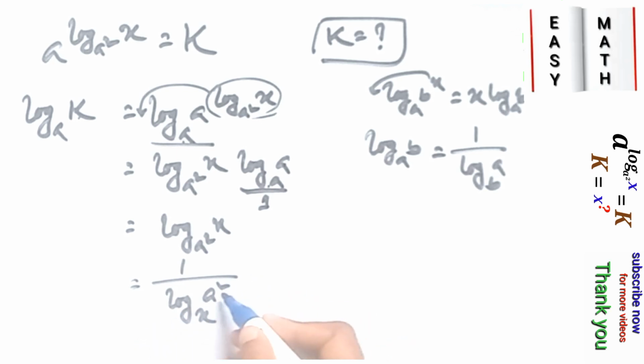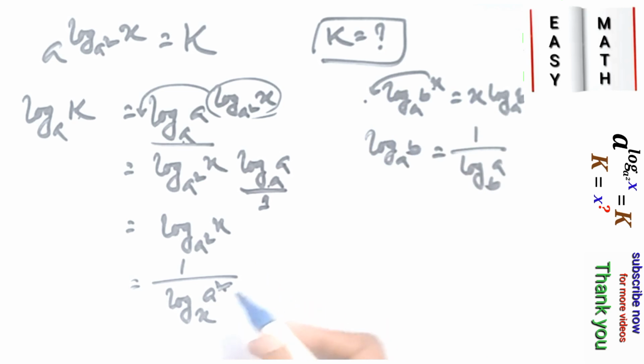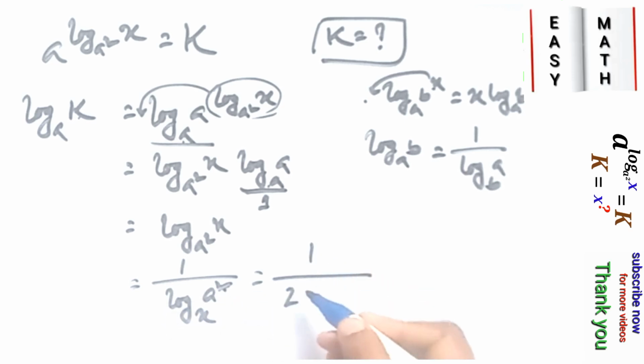And now similarly this is the base, this is the a square, and similarly this part is here same, so we can write the, this is the 2, and this is the log x a, this is we can write.